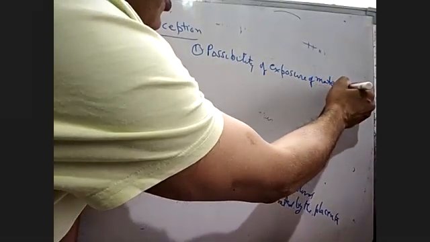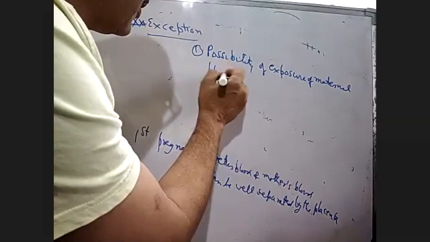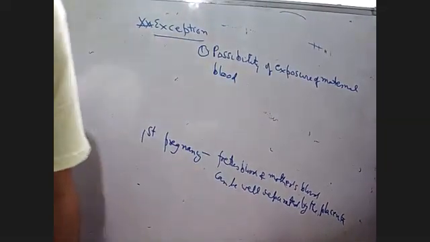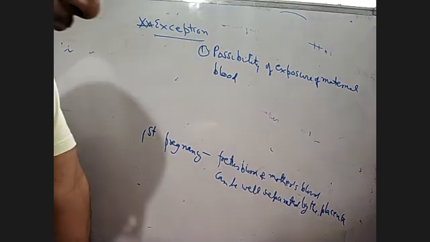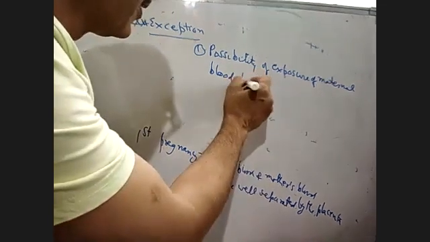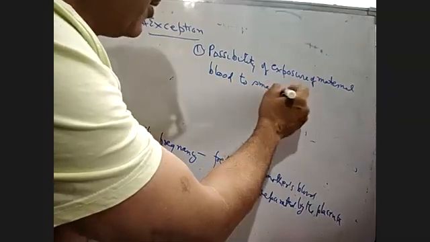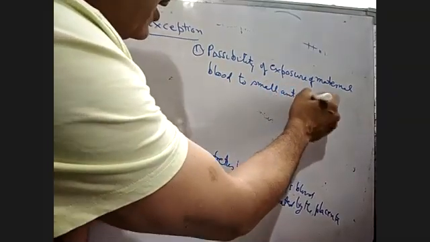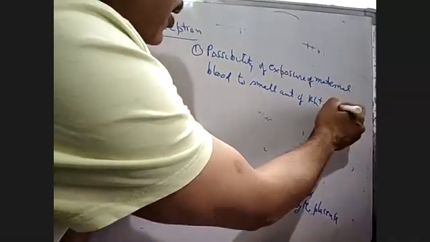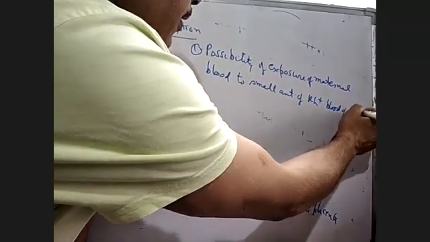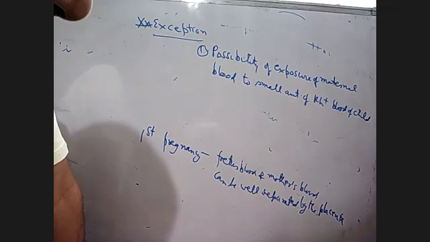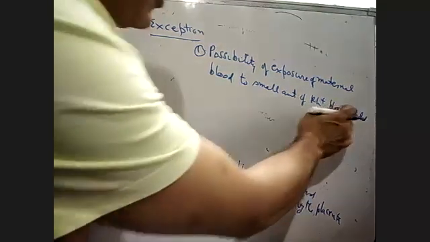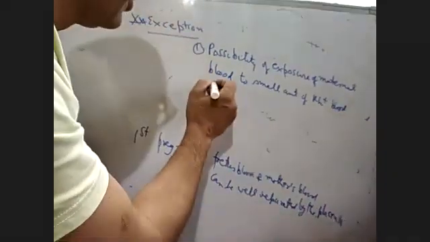Possibility of exposure of the maternal blood to a small amount of Rh positive blood of the child, Rh positive blood of the child, or we can write there, of the fetus.